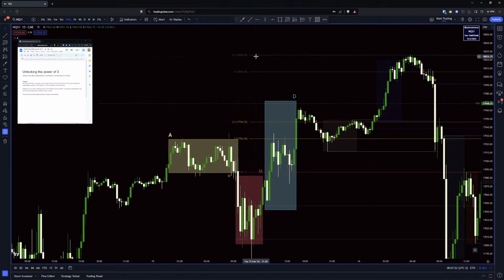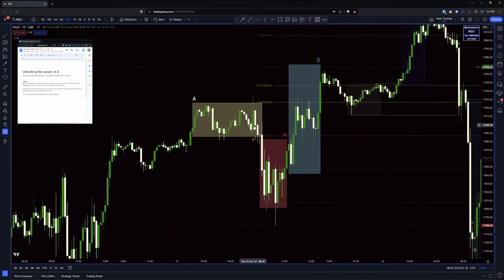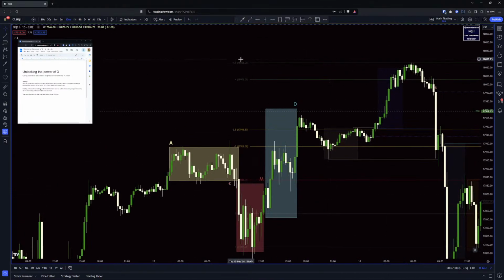The -4.5 on the projection from this manipulation move on Thursday morning was 18026, and the high from the overnight session before news was 18026. Literally exactly.